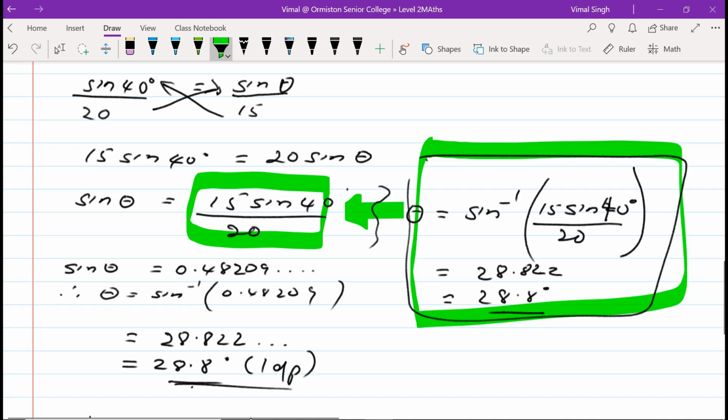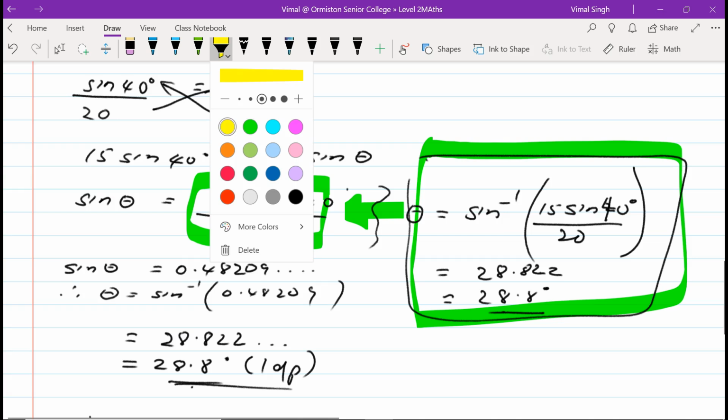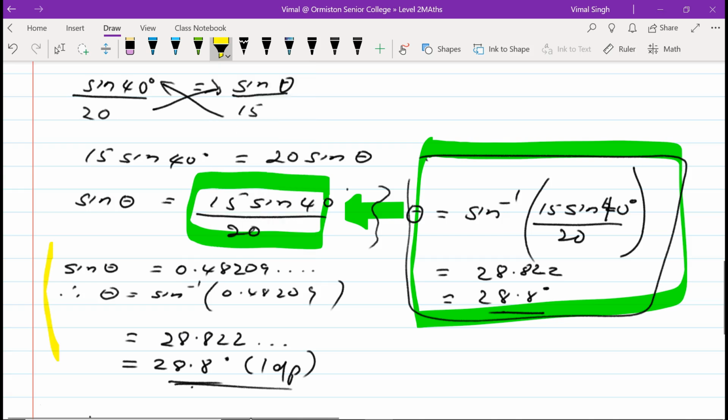So you avoid all this extra writing, and I tend to normally do this quite a bit. I will do theta is equal to sine inverse of the whole ratio, which is given as 15 sine 40 divided by 20. But you can decide what you want to do. If you want to go in steps like the way I have done in yellow, that's fine. Or if you want to do it the way I've done it in green, that's fine. The choice is all yours.